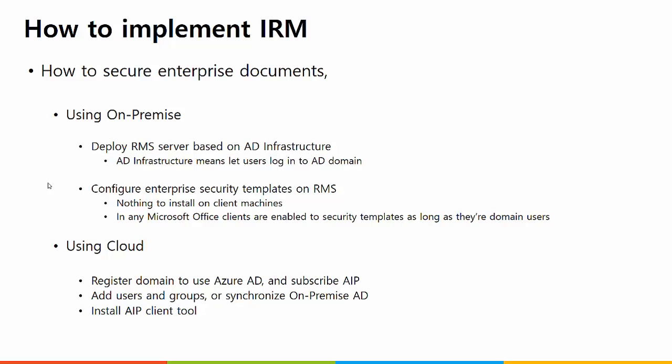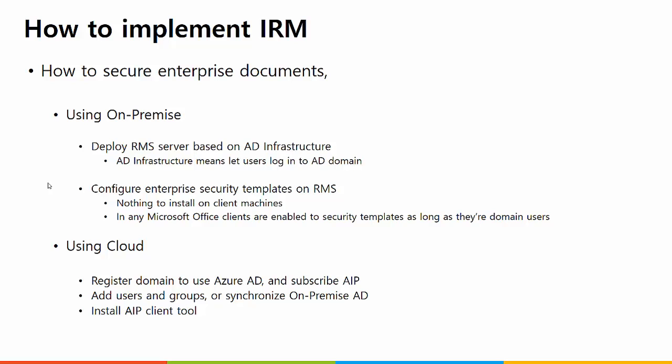In order to implement IRM solution, if you consider your infrastructure, there are two IRM solutions to consider on your internal network. The first one is on-premise solution, implementing IRM without cloud, on-premise. It can be somewhat difficult to start. In this case, with AD, you deploy the RMS server based on the AD infrastructure.